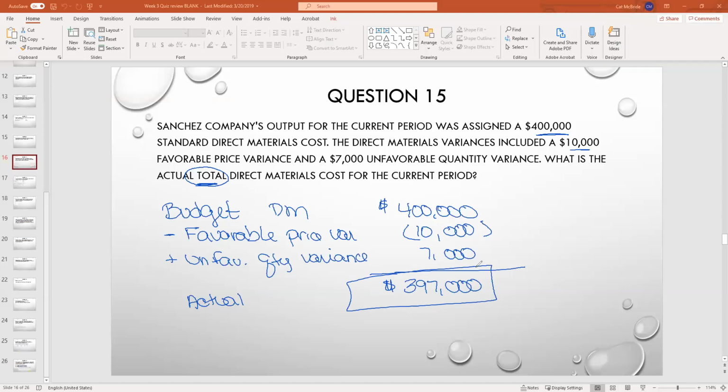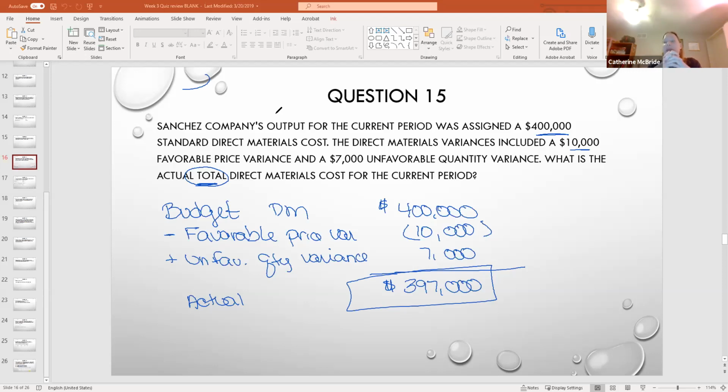Wait, so am I missing something? When it's asking for the total, they've already given us the favorable and unfavorable. Wouldn't it be favorable 3,000 for total direct materials? Yes, you have a net favorable variance of $3,000. That part's right.